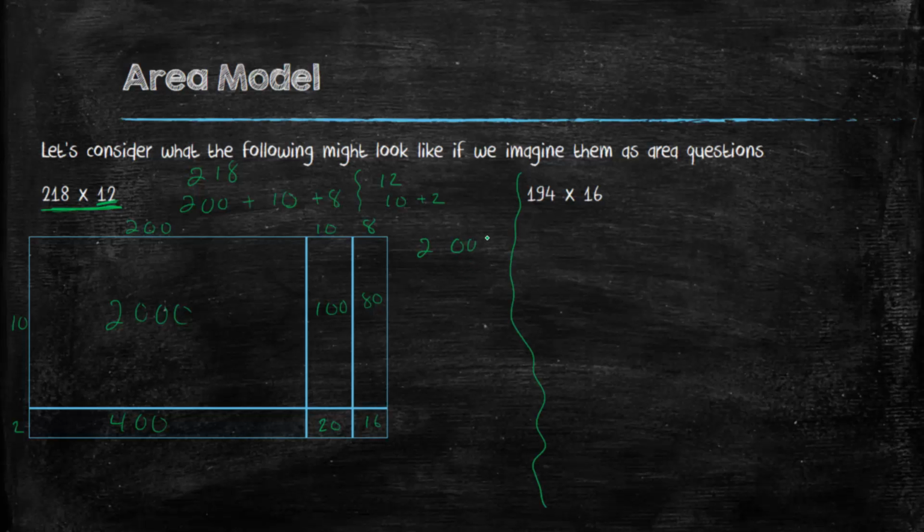So 2000, 100, 80, 400. See how I'm putting all the digits in the right place value? I'm lining them up correctly, 20 and 16. Now we add them all up. This adds up to 6 in the ones place. 8, that's 8, plus 2 is 10, plus 1, 11.